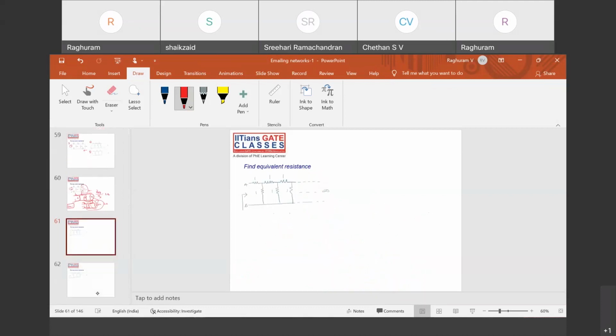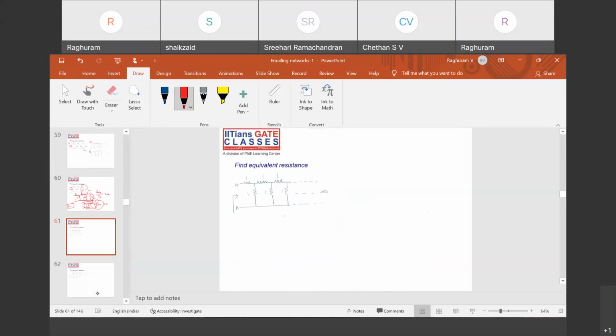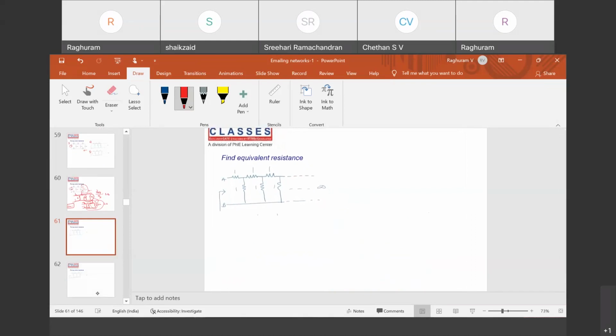The next one. Find the equivalent resistance of this circuit. This is called an infinite ladder.